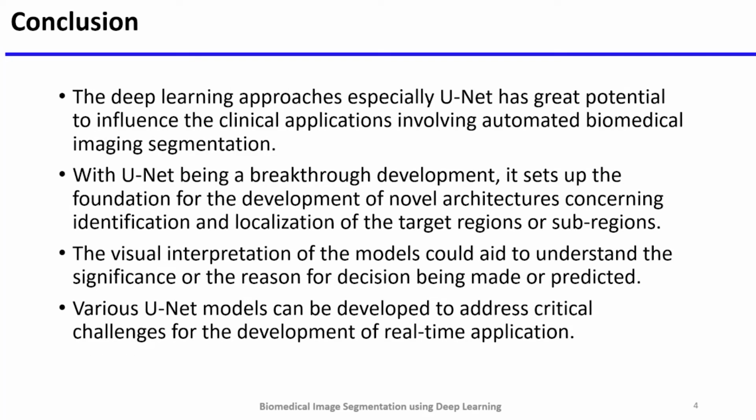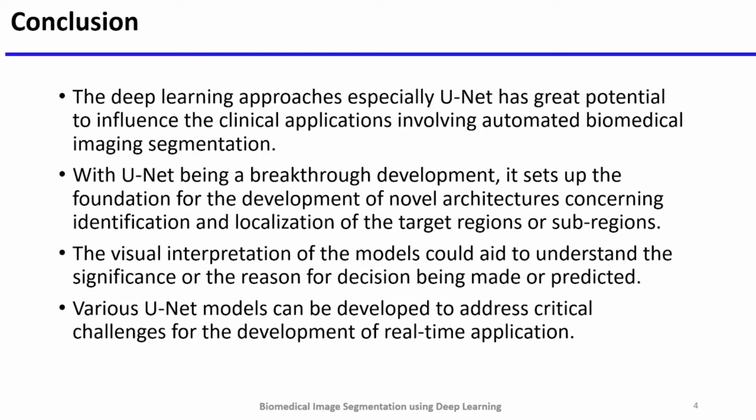The advancements in deep learning approaches, especially UNet, have encouraged researchers to contribute towards the biomedical image segmentation domain for the development of computer-aided diagnosis systems. The state-of-the-art performance of UNet model for biomedical image segmentation, along with its easy mutability, has attracted many researchers for the development of various UNet variants.